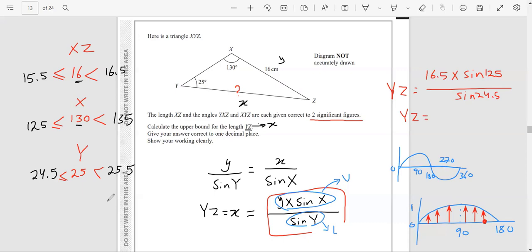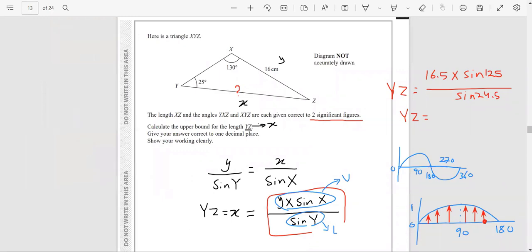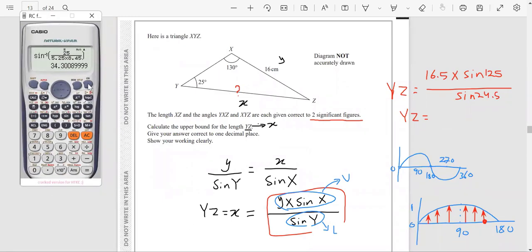Let's check on the calculator. We will remove the limits here. 16.5 multiplied by sine, the angle is 125, then close the bracket, all over sine 24.5, and then you close the bracket.